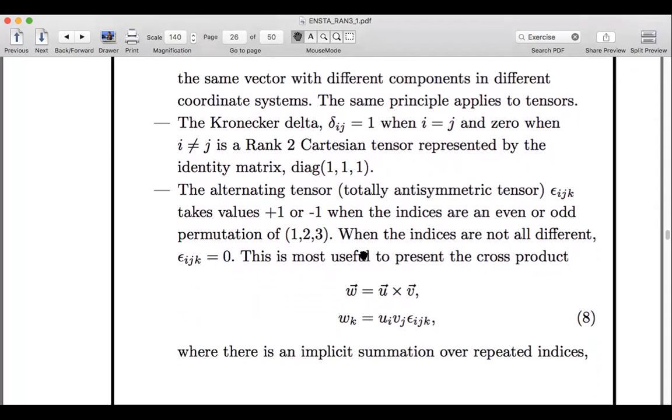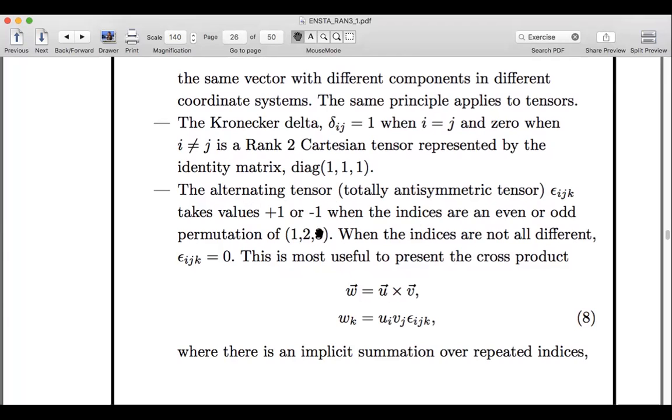Another tensor is a rank 3 tensor, which has 3 indices, epsilon ijk, and it's called the alternating tensor, sometimes called the totally antisymmetric tensor. It takes the values +1 or -1, or 0, sorry.